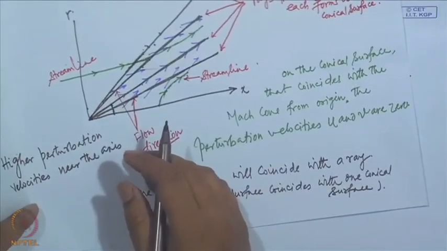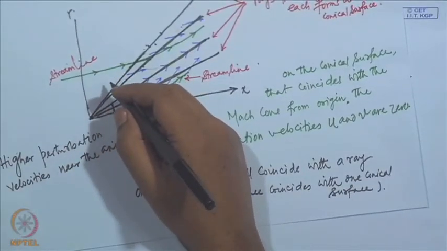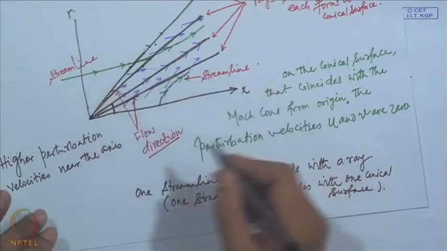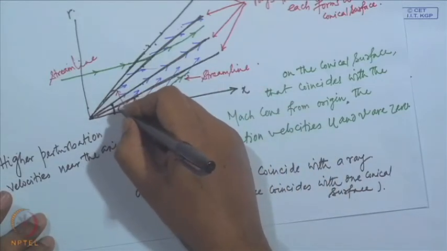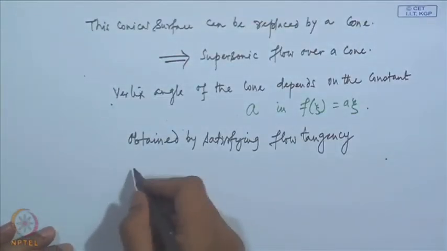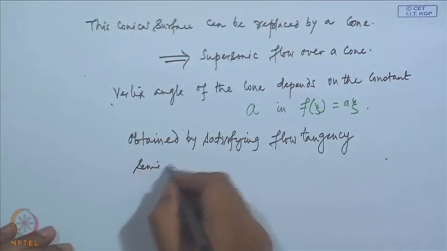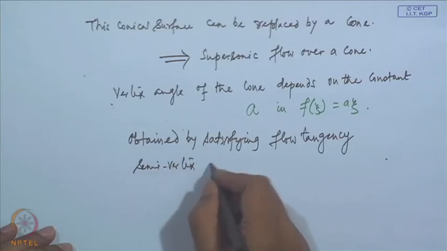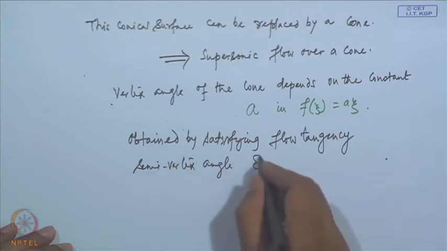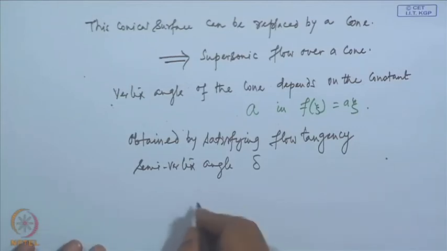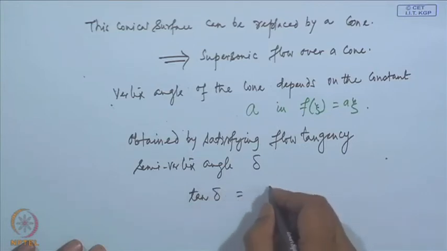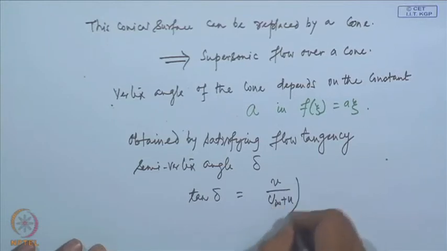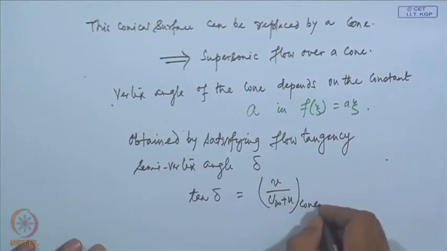So, if this semi vertex angle is delta, define this semi vertex angle to be delta, then we have tan delta is v by u infinity plus u cone.